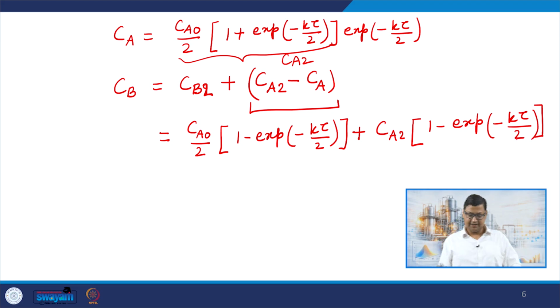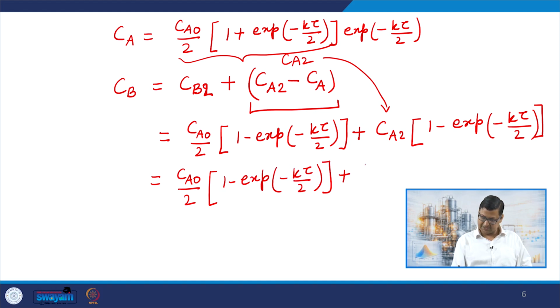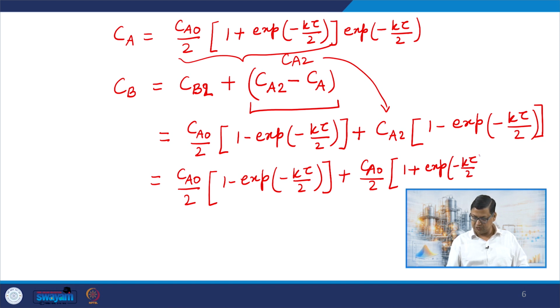Now I can substitute for Ca2 from this expression, and that gives me Ca naught by 2 times 1 minus exponential of minus k tau by 2 plus Ca naught by 2 times 1 plus exponential of minus k tau by 2 into 1 minus exponential of minus k tau by 2, by the way both are k.